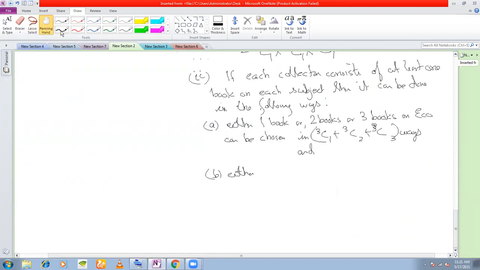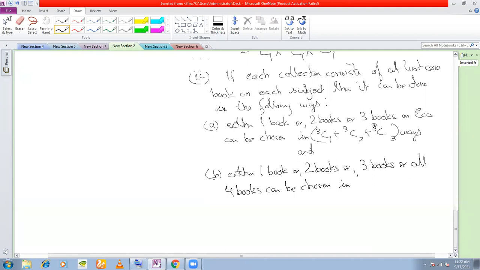So either one book or two books or three books or all four books can be chosen in 4C1 plus 4C2 plus 4C3 plus 4C4 ways.